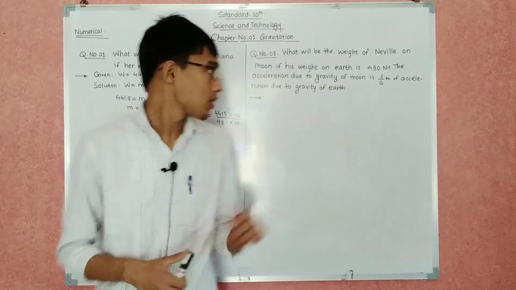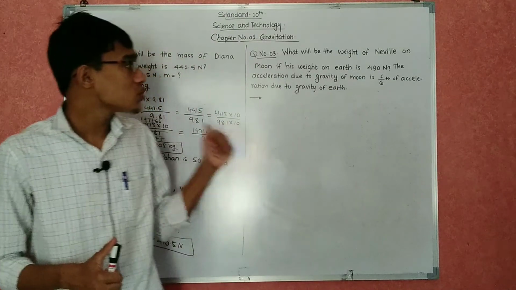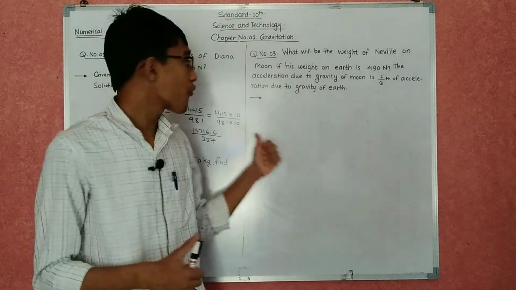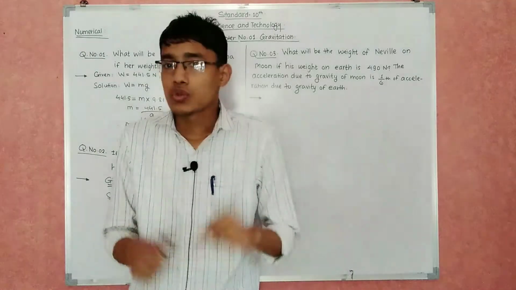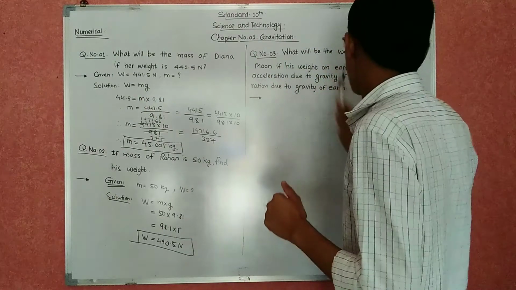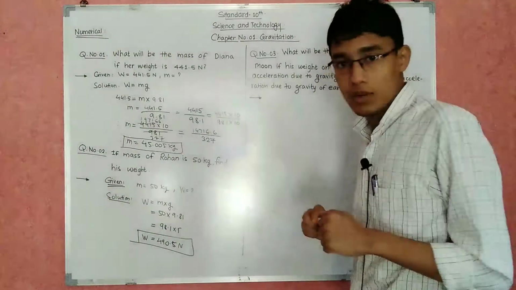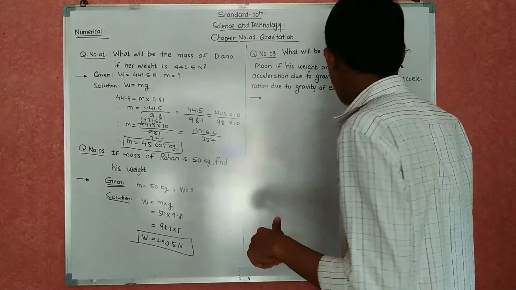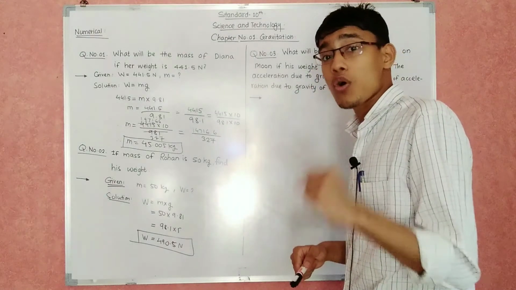The acceleration due to gravity of Moon is 1/6 of the acceleration due to gravity of Earth. So the weight of Neville on Earth is given to you, that is 490 Newton. We have to find his weight on Moon.